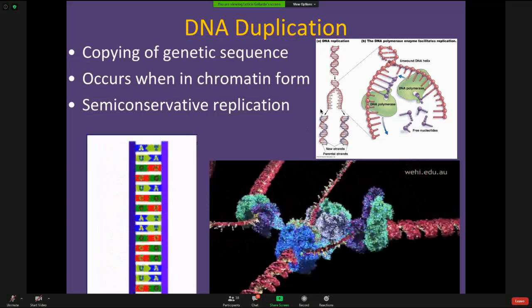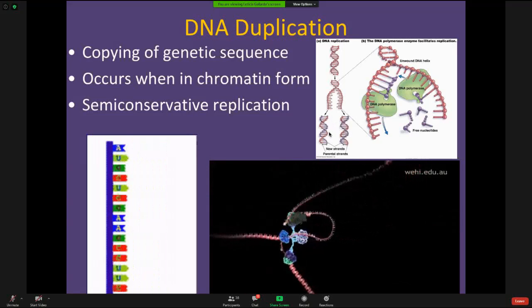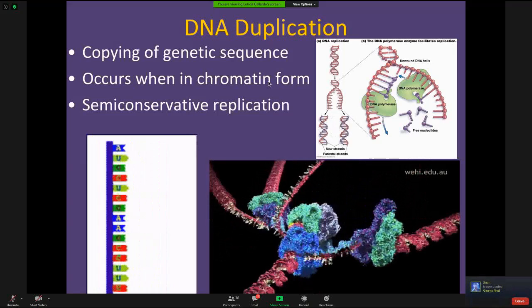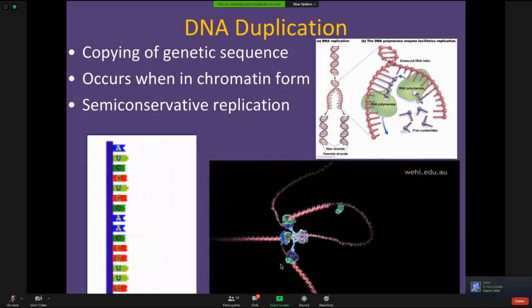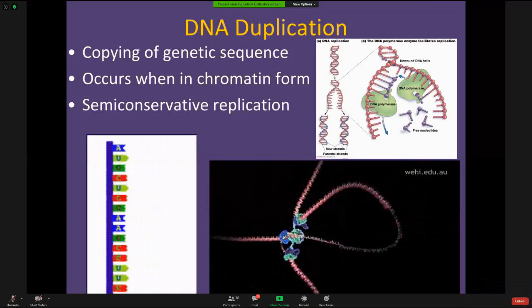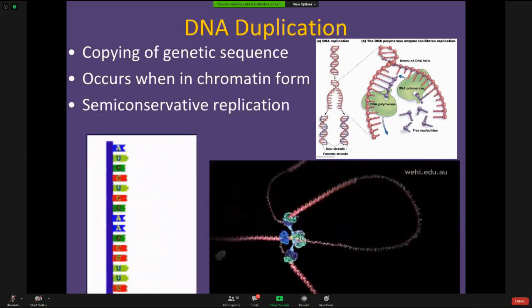So every time your cells divide, that cell's divvying up its genetic material and giving half of each DNA strand that's been replicated. And coincidentally, this animation is real time, right? So this is about the rate at which your DNA is replicating. So that's kind of cool.